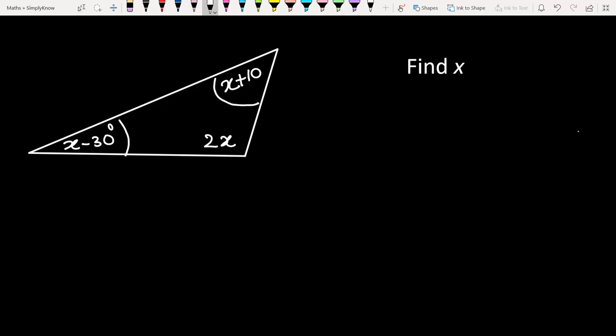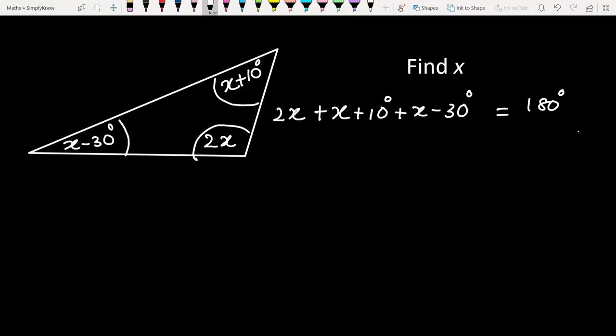Here it's x plus 10 degrees. And this angle is 2x. So let's write an equation. 2x plus x plus 10 degrees plus x minus 30 degrees equals 180 degrees.